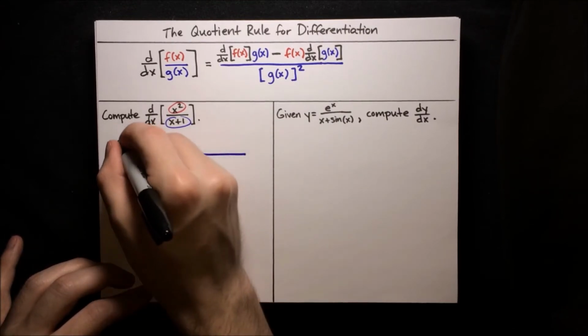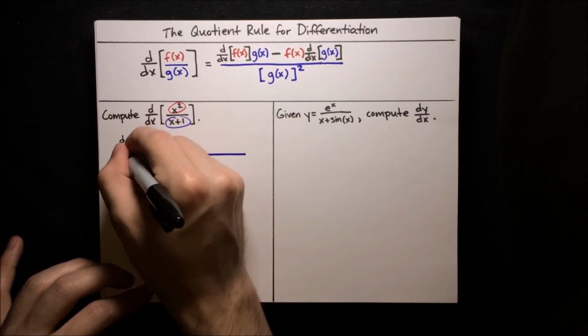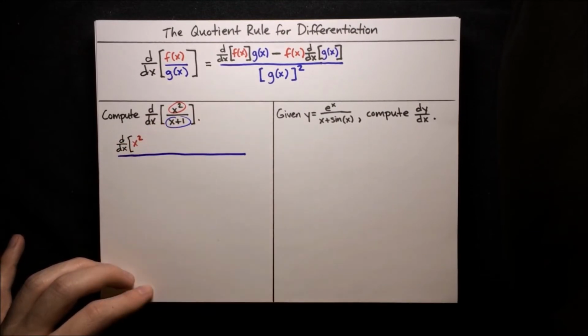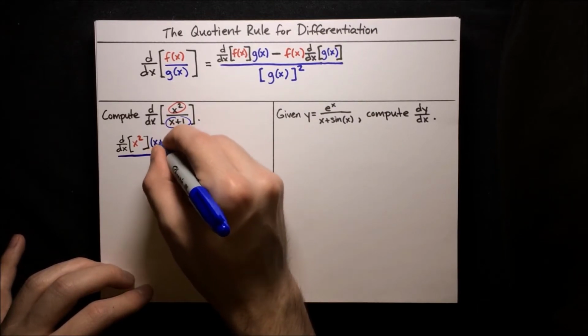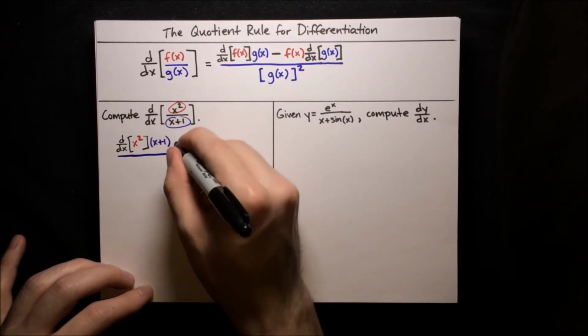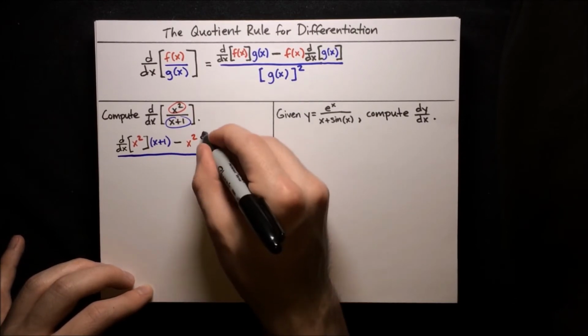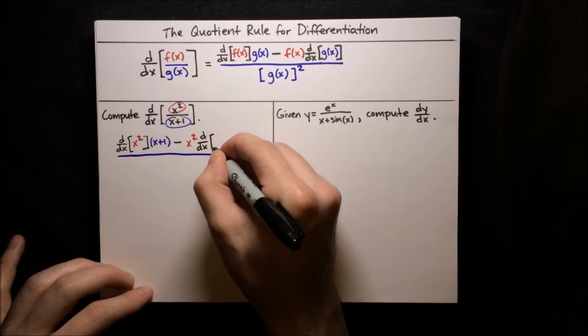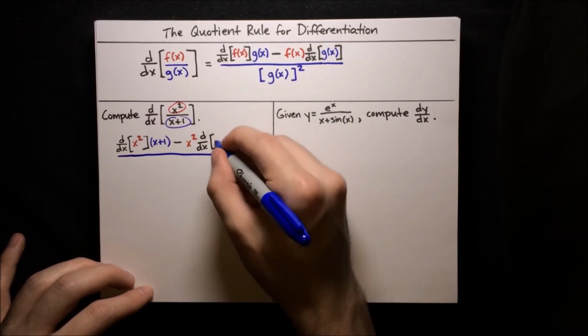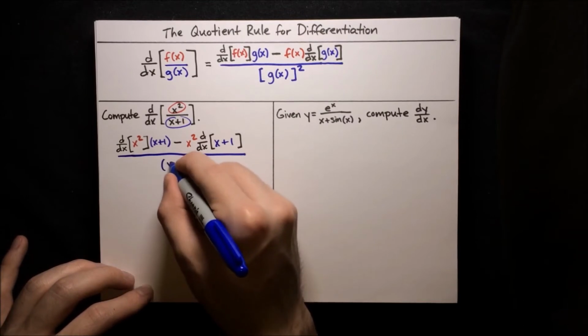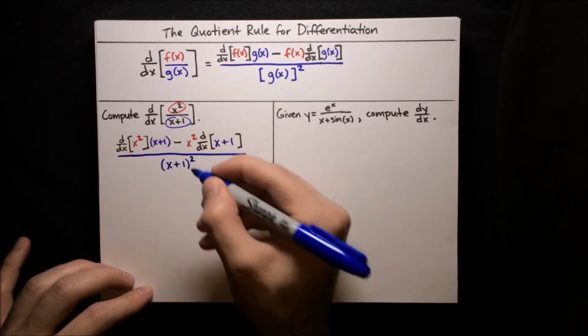In the numerator, we have the derivative of the numerator first, derivative of x squared, multiplied by the denominator, x plus 1, and then minus the numerator, x squared, multiplied by the derivative of the denominator, x plus 1. And that's all over the denominator squared, so x plus 1, the quantity squared.